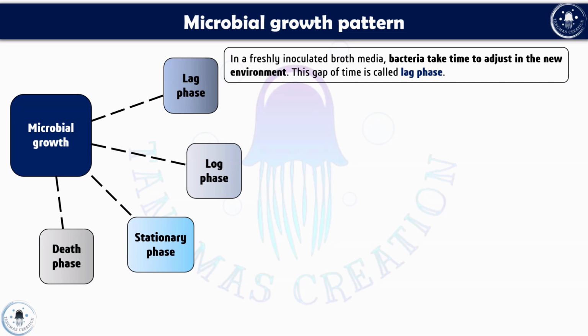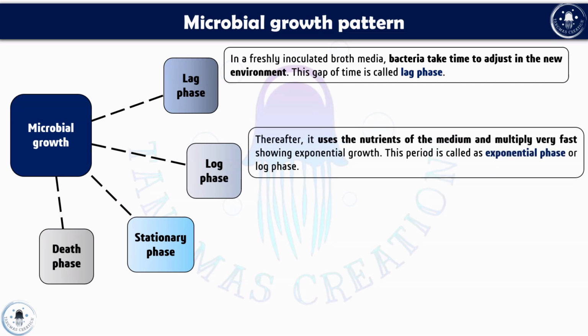So you are giving a new culture media to the bacteria. So this bacteria, what it will do, it will take some time to adjust in the environment. It prepares itself in order to reproduce. Okay, so this gap is called the lag phase. Now in the log phase, what happens?